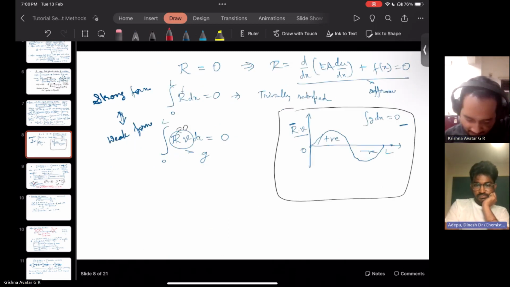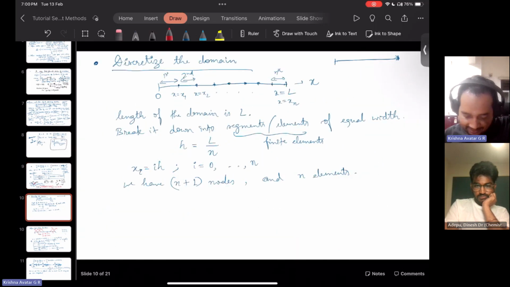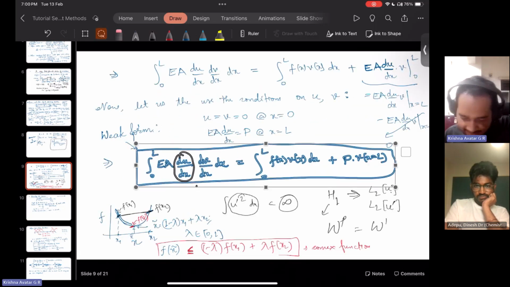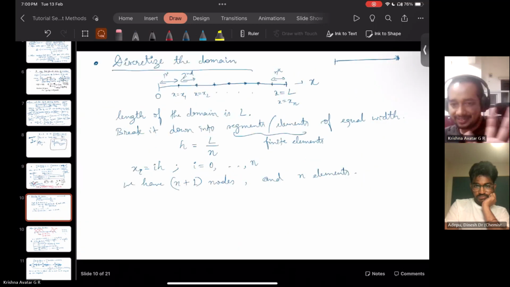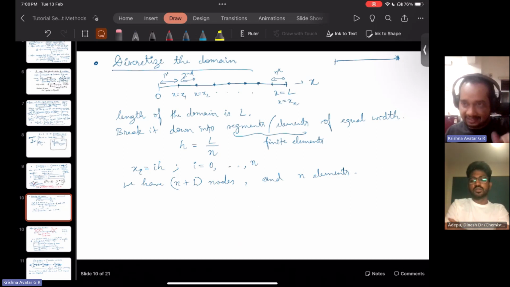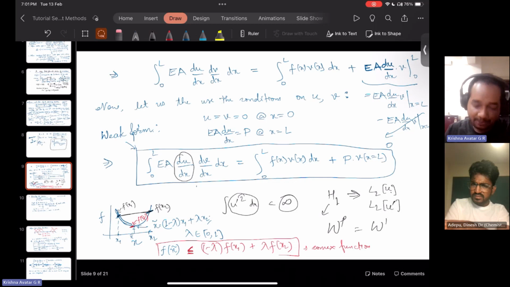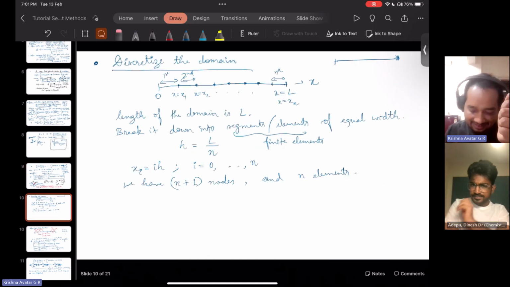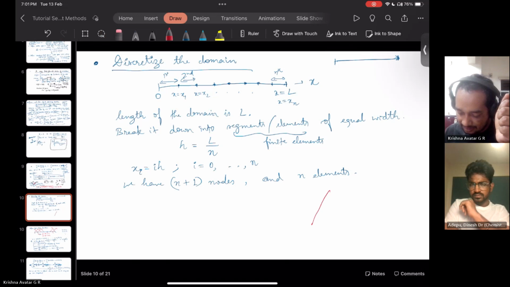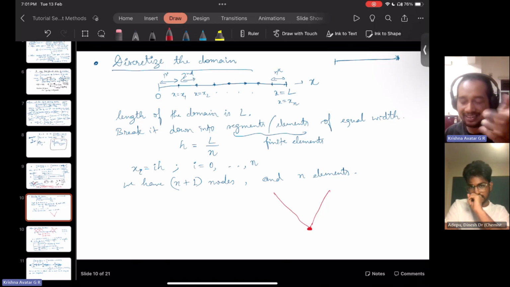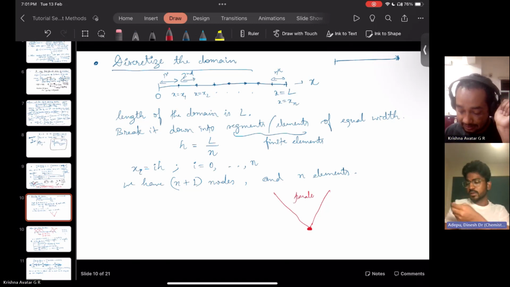Now we go back here. What we have done happens to be one parallel track, and this is the second parallel track: the discretizing of the problem, the domain discretization, and the building of the weak form.